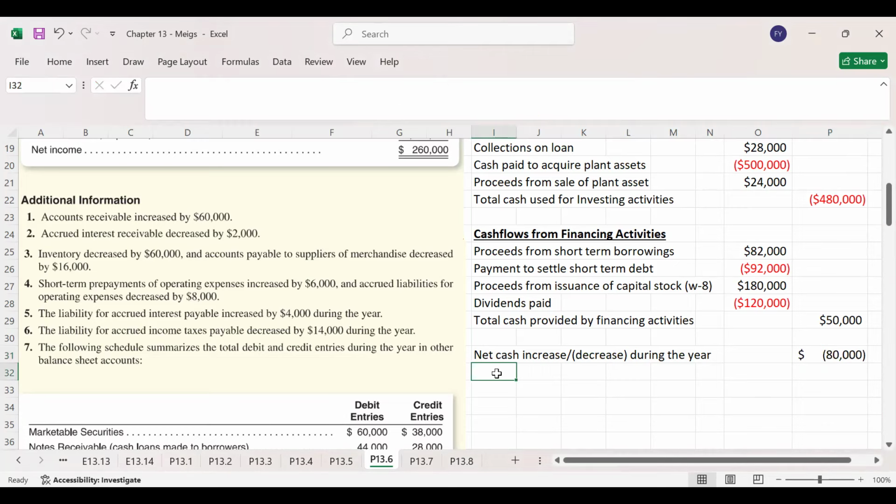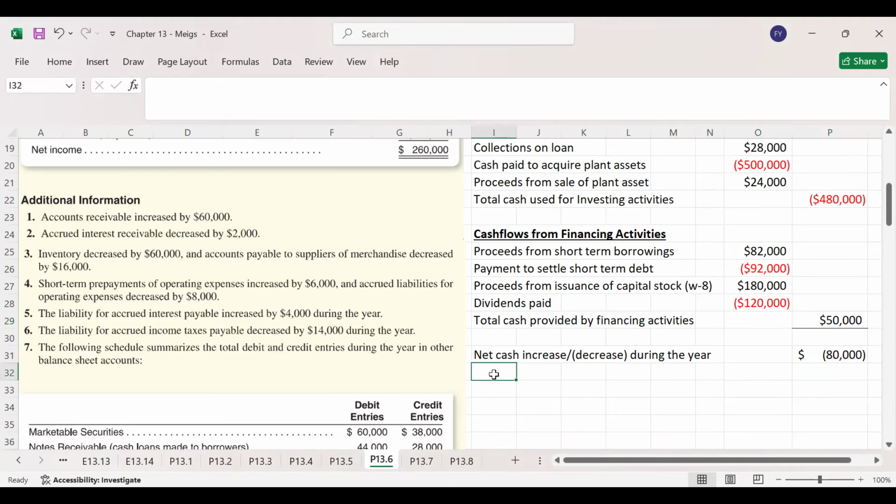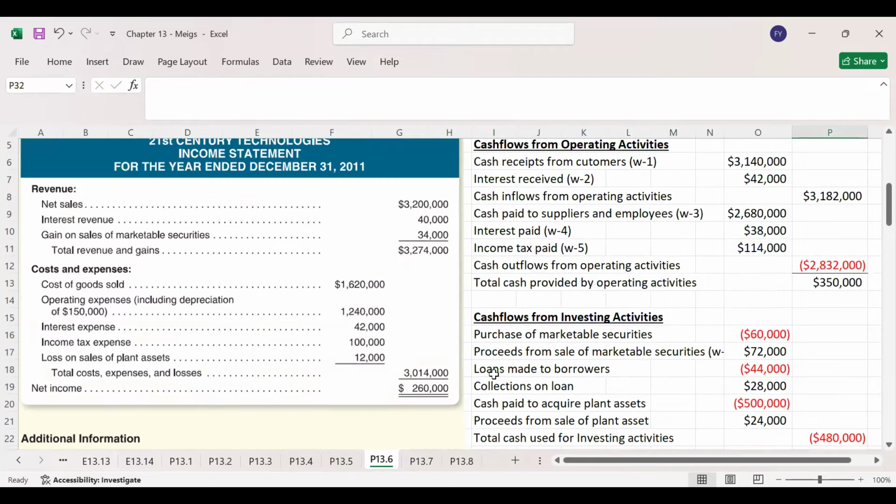The next step is that we are going to add the cash and cash equivalent opening balance, which is given here.